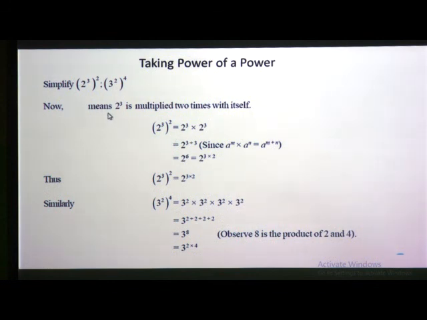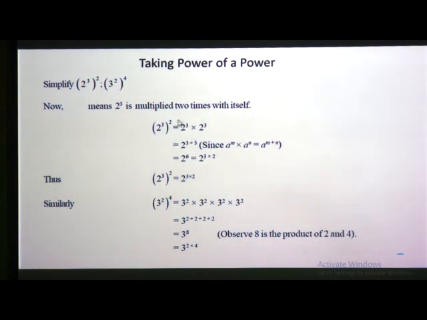It means that 2 raised to 3 is multiplied 2 times with itself. With itself means what? This is multiplied 2 times, that is 2 raised to power 3 into 2 raised to power 3. That is, 2 times we have to multiply this 2 raised to power 3 in this way.